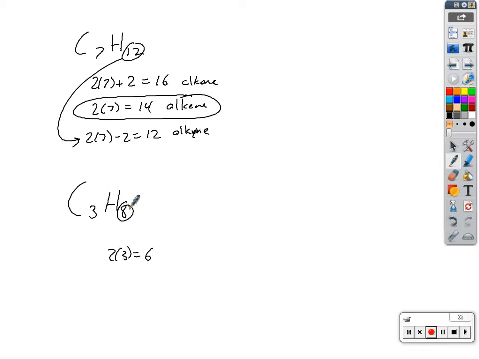If this number here is equal to that, then you know it's an alkene. If it ends up being greater than this, as we see in this case, it's an alkane. If it ends up being less than what you calculate, then it's an alkyne. That's another way to approach it. Again, if you want to be safe, just run it through all 3 of these formulas and figure out which one it matches. The one it matches is what it is.